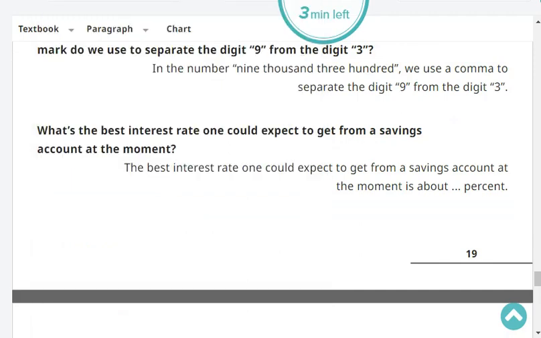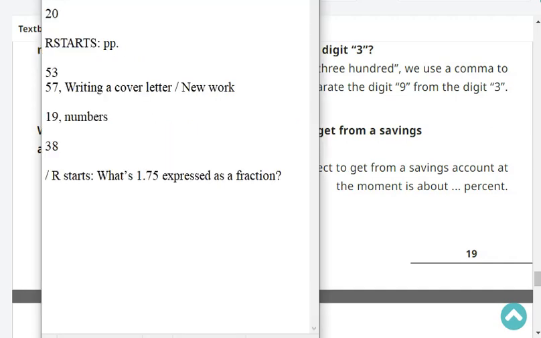And if you borrowed 5,000 pounds from a bank now, what interest rate would you expect to be charged? If I borrowed 5,000 pounds from a bank now, I'd expect to be charged an interest rate of 5%.